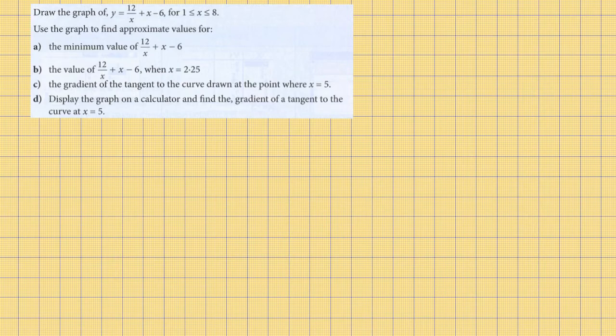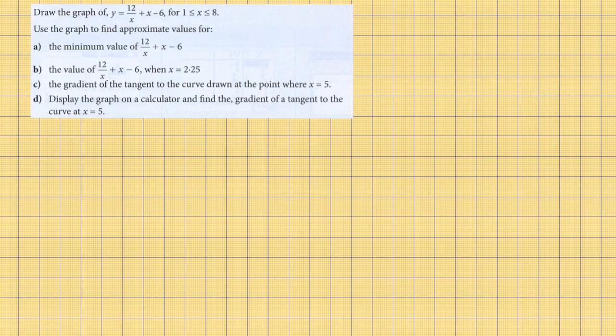Use the graph to find the approximate values for A, the minimum value of 12 divided by x plus x minus 6; B, the value of 12 over x plus x minus 6 when x is 2.25; C, the gradient of the tangent to the curve drawn at the point where x is 5; D, display the graph on a calculator and find the gradient of the tangent to the curve at x equals 5.